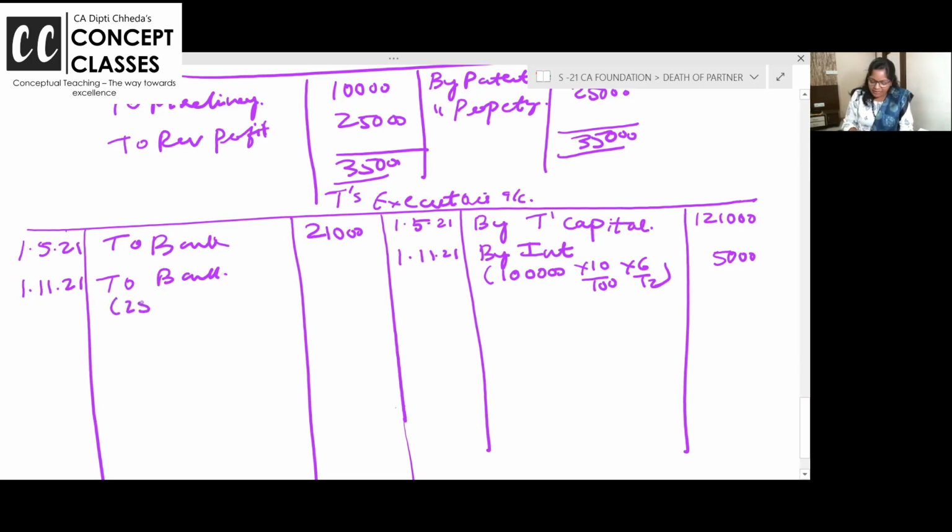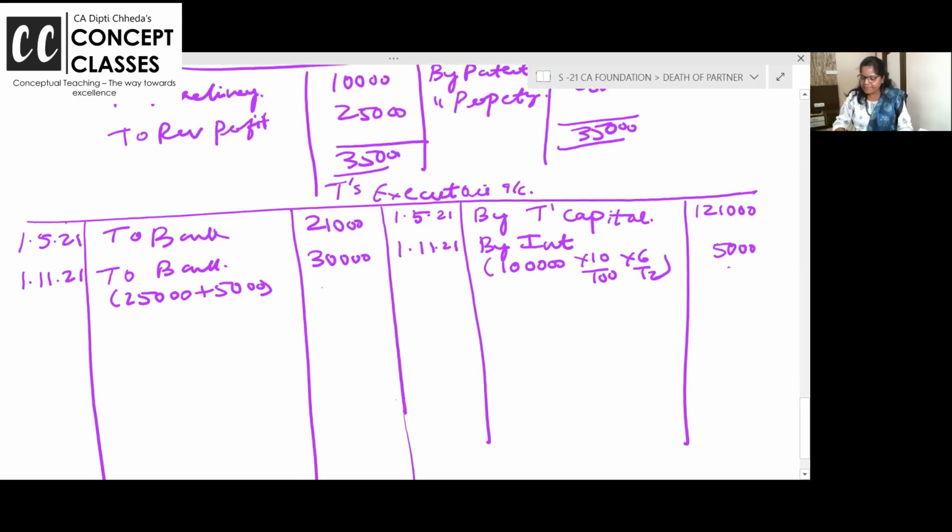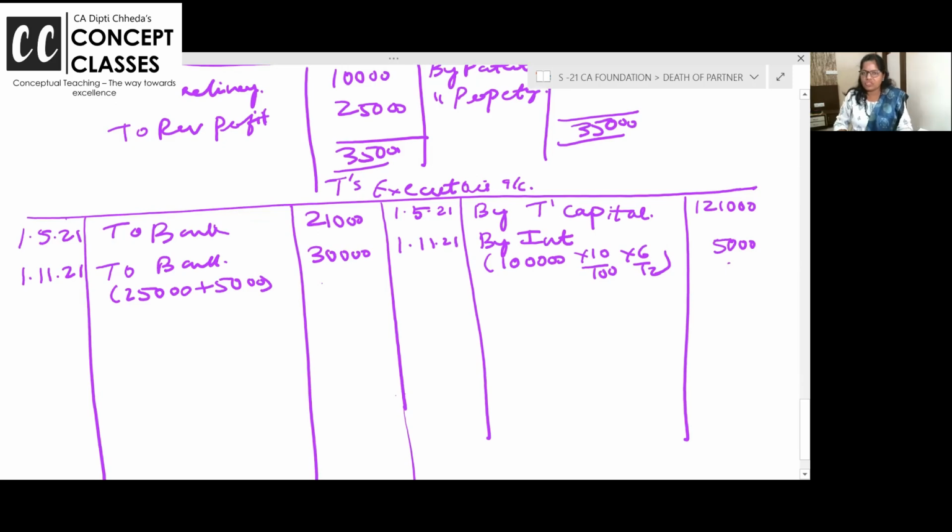So 25,000 is installment plus 5,000 interest, 30,000 you will pay. Add the interest, pay the installment. You will learn this concept ahead in Inter in hire purchase. Add the interest, pay the installment, and so on. Clear to all of you or not?